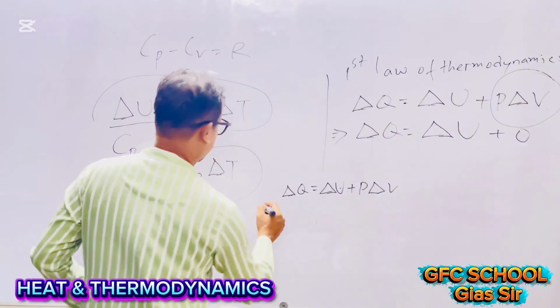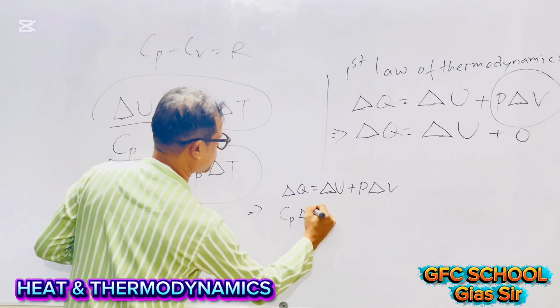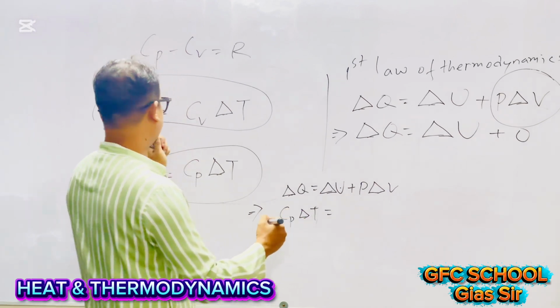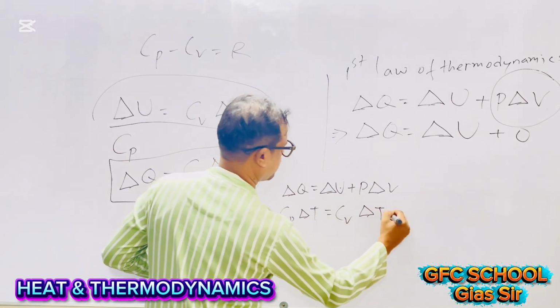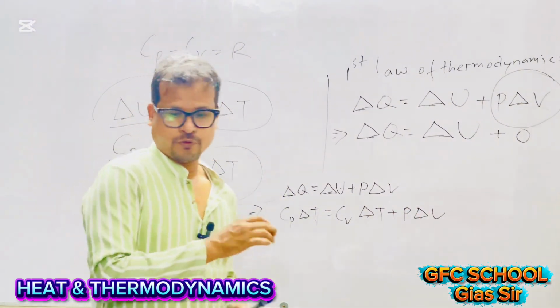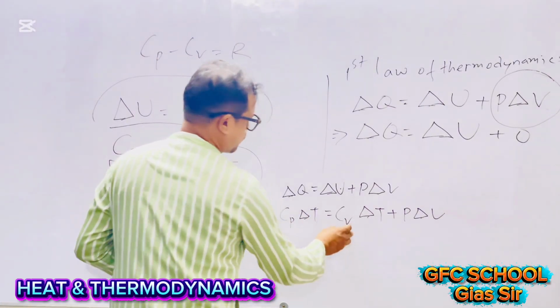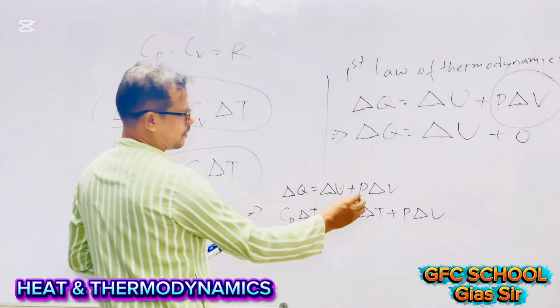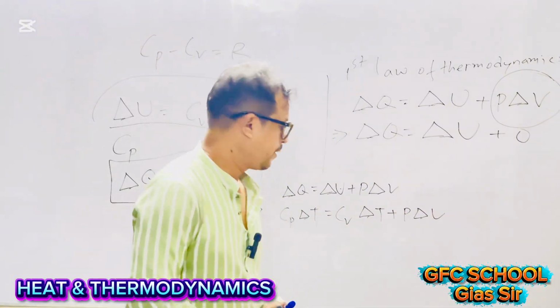Now we'll put del Q as Cp del T and del U as Cv del T, so we've got Cp del T equal to Cv del T plus P del V. Nice, this correlation we've got.